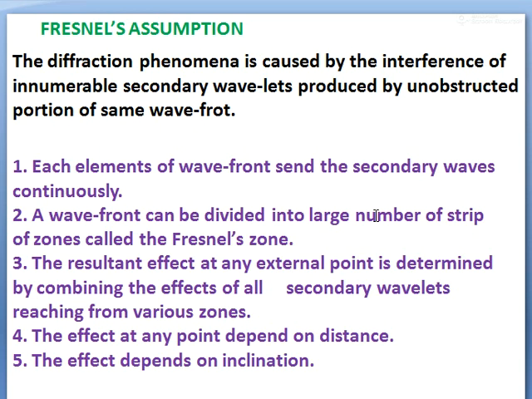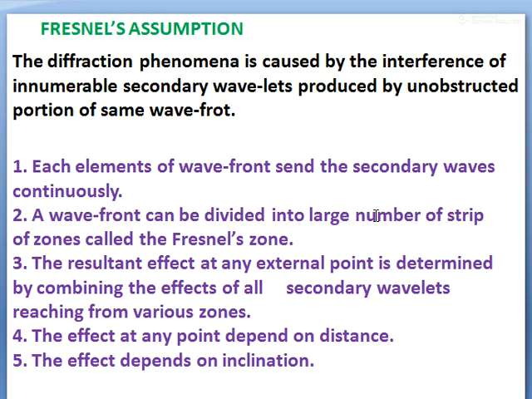So একটা wavefront আসছে এবং সেই wavefront-এর যে unobstructed portion, that will produce innumerable secondary wavelets, and those secondary wavelets interfere with each other to produce the diffraction phenomena. That is the Fresnel assumption.